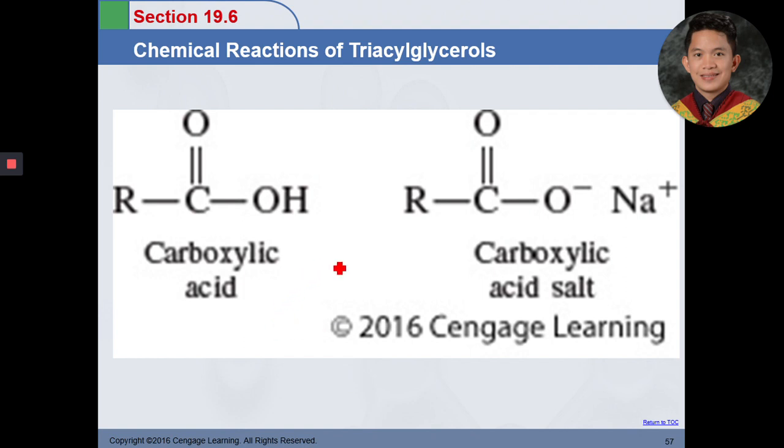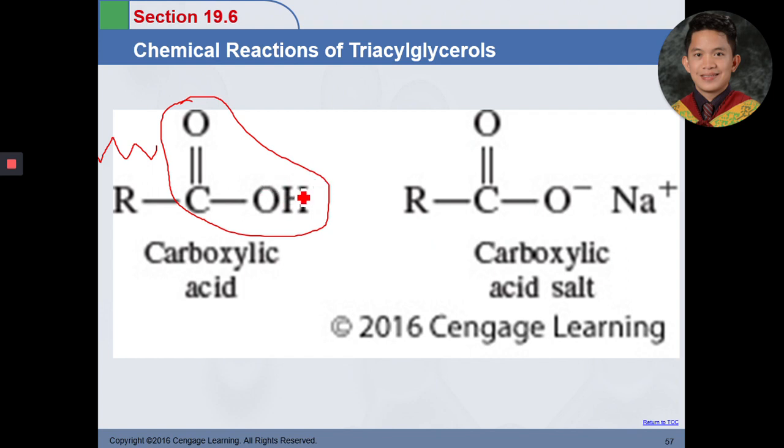Now, for the carboxylic acid salt, as you can see, instead of having an H on your oxygen atom right here, in place of that is a positively charged sodium. So this is now the structure for your carboxylic salt. Again, these are the products of saponification, carboxylic acid salts.